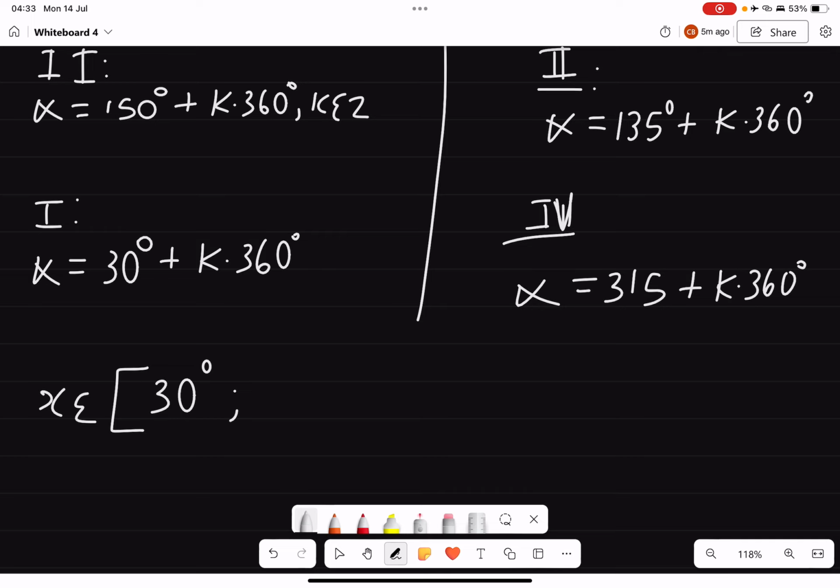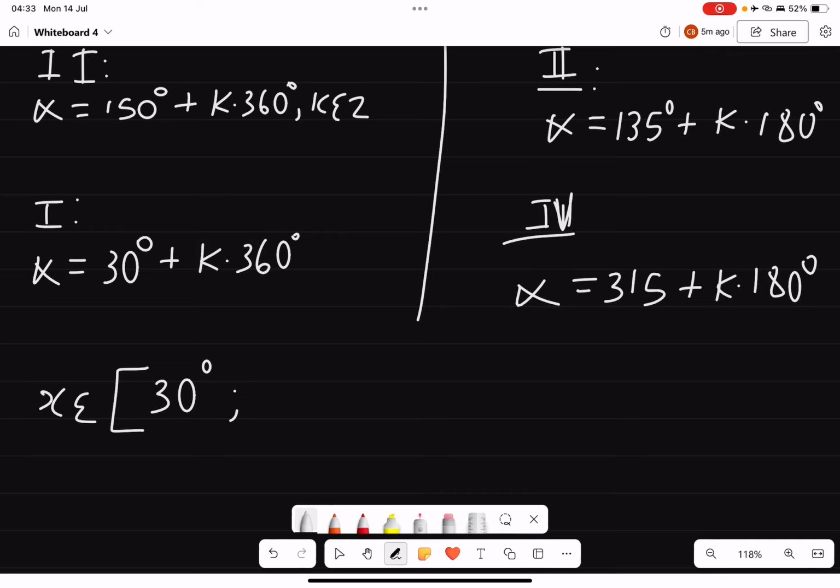Then you replace the 30 with 135, and you go back and replace the k again. Oh, sorry guys, for tan we use 180 degrees, because tan is periodic every 180 degrees. So you're going to have 135 plus 180 times k. I'm going to start at negative 3. It gives me a value that is outside.